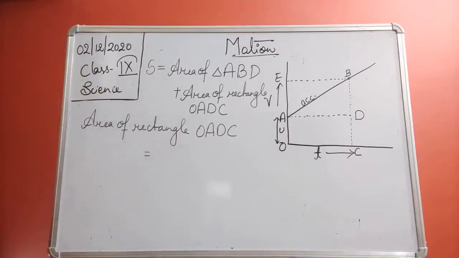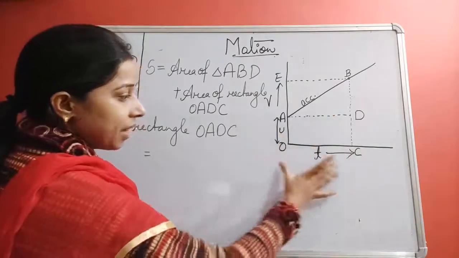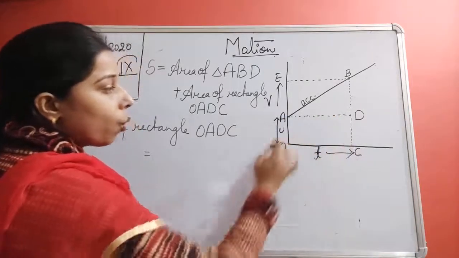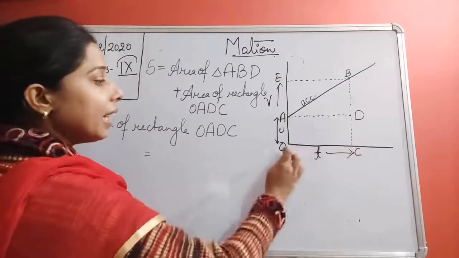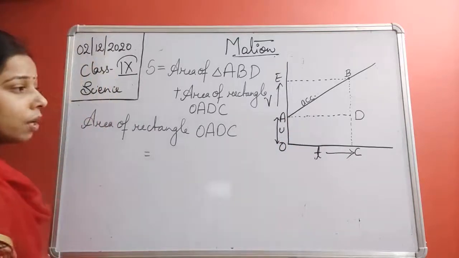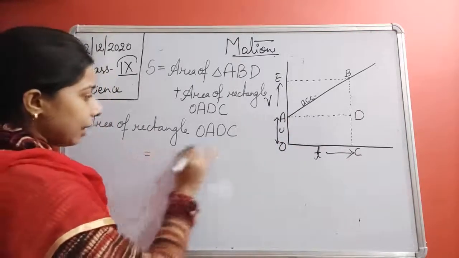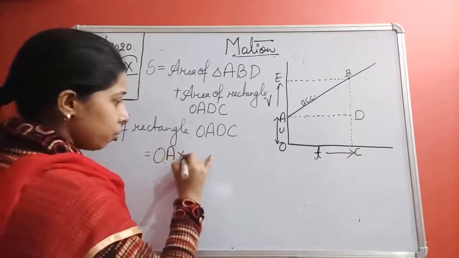In the figure, OC is the length and OA is the breadth. So the area of rectangle OADC will be equal to OA into OC.